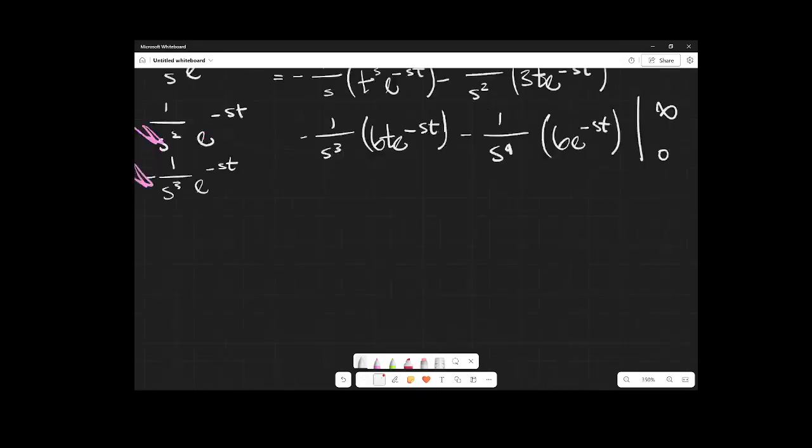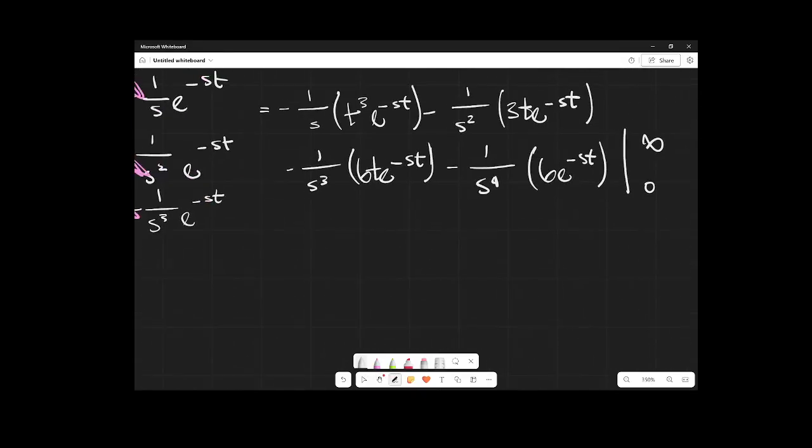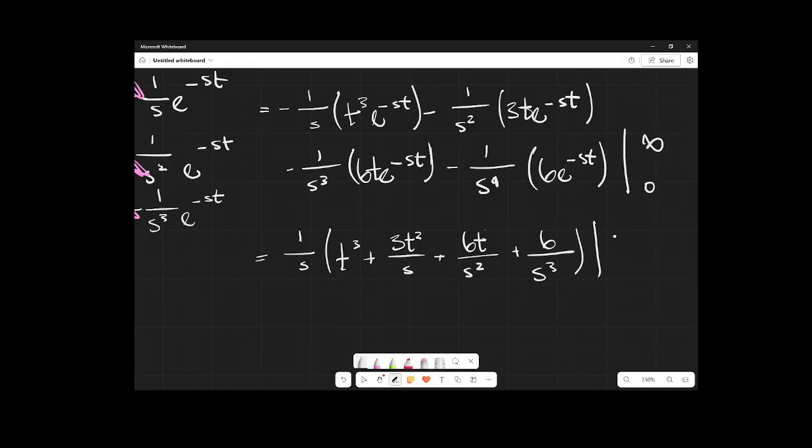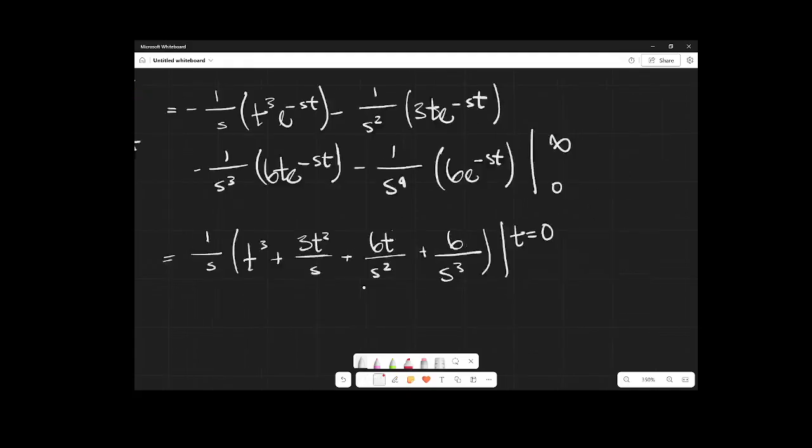You can check this. I'm just going to write it down so that it's here, but this is going to equal 1 divided by s times t cubed plus 3t squared over s plus 6t over s squared plus 6 over s cubed for t equals 0.